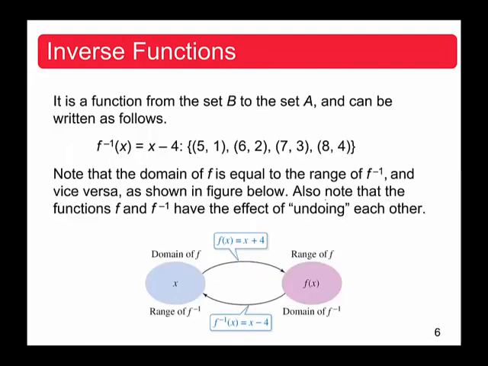The main thing about the inverse function is that the original function and the inverse function undo each other. That's a very important characteristic of those two functions. Then the domain of the original function becomes the range of the inverse function.